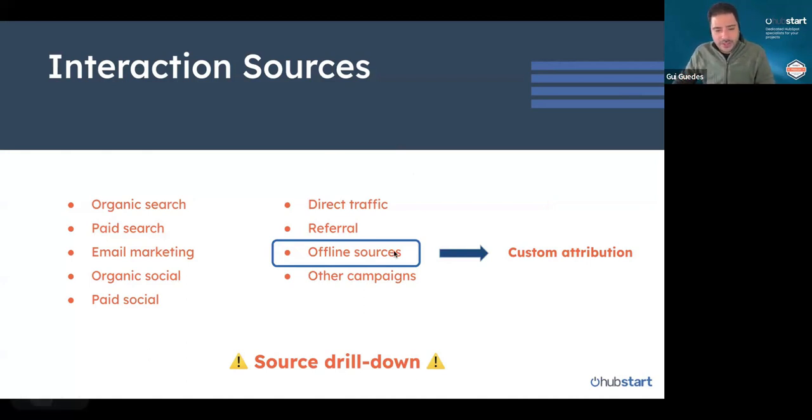Okay, so these are typical interaction sources. These are the ones that will come with your HubSpot account and that will help you understand a lot from your users and their customer journey. So starting from organic search, for example, this is a very common one on the top of these sources in HubSpot.